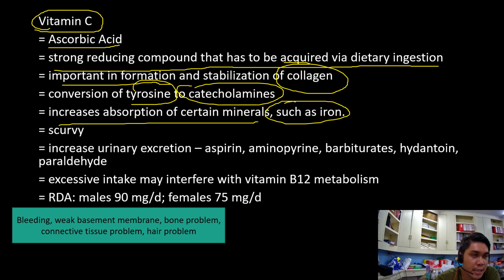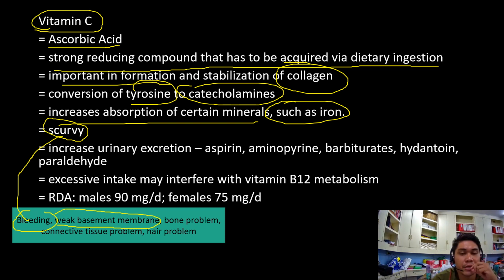Then the disease associated with vitamin C is scurvy. Features of scurvy include frequent bleeding. For example, the gums bleed and there is a weak basement membrane. So the teeth can be pulled out easily because the basement membrane is weak.